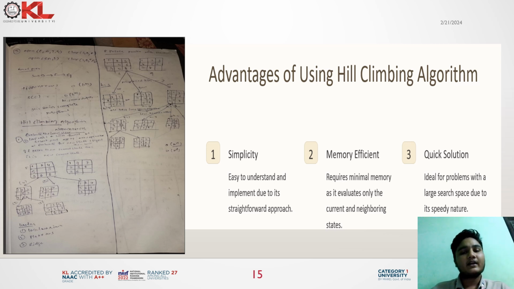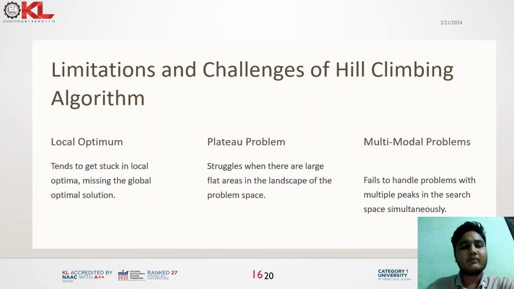The algorithm continues to make these small changes until it reaches a local maximum, meaning that there can be no further improvement. There are several variants of hill climbing, including steepest-ascent, and we are seeing the three types of hill climbing, including first-choice hill climbing. Hill climbing can be useful in a variety of optimization problems such as scheduling, routing, planning, and resource allocation.